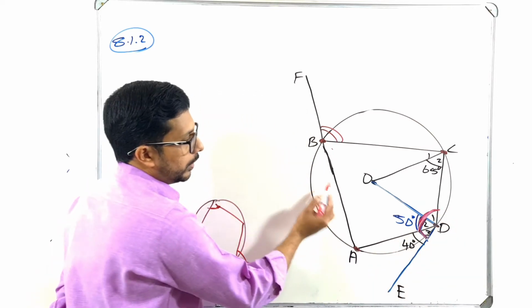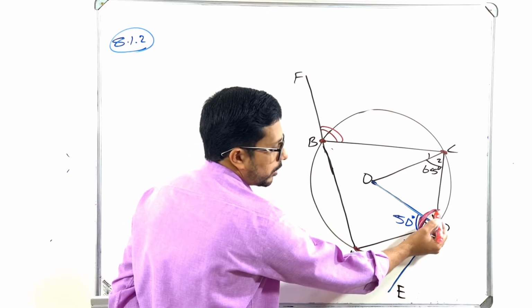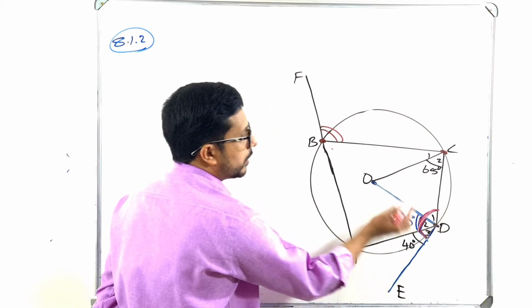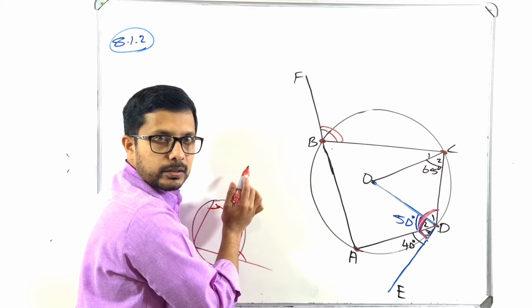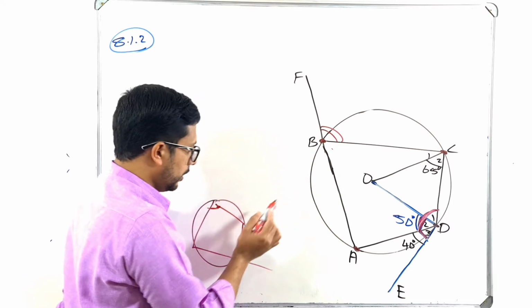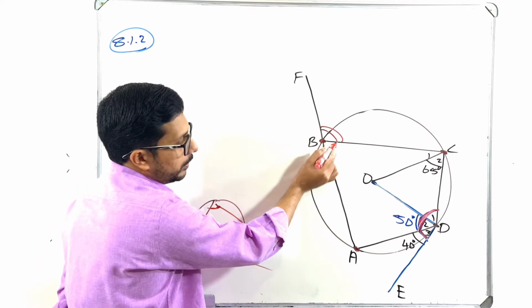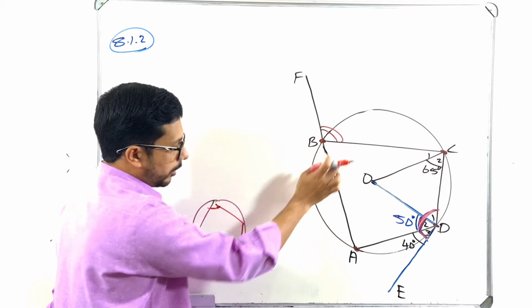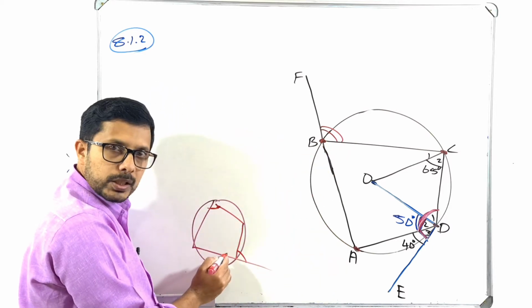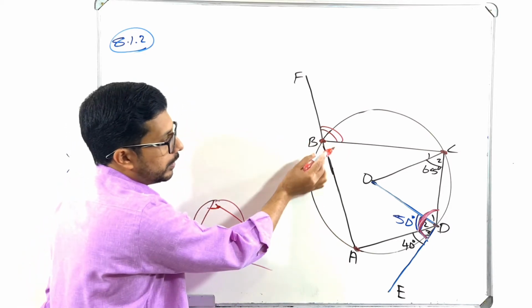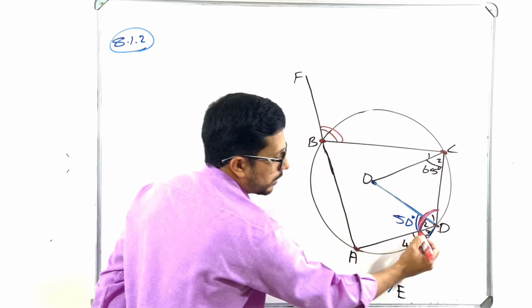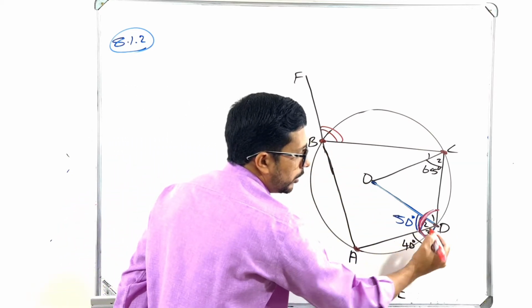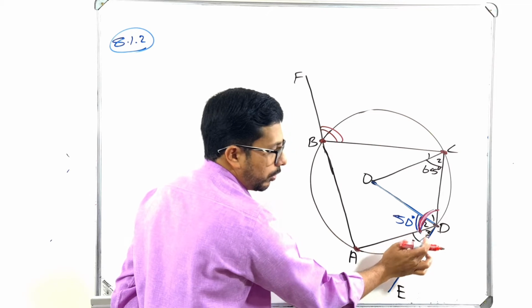So if we can find D1 plus D2, then we can say that it is the same as this exterior angle. You understand? The theorem: exterior angle is equal to opposite interior angle. The opposite is this D1 plus D2, not D3. D3 is not included there.